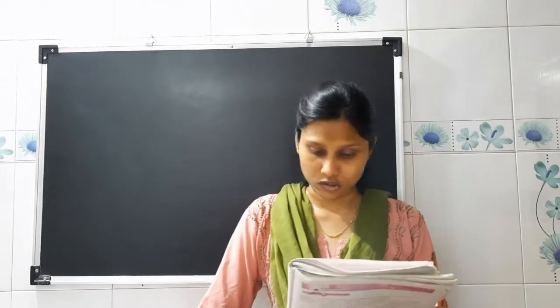So, in this question they have given that an equal number of laddus have been placed in 3 different boxes. The laddus from the first box were distributed equally among 20 children, the laddus from the second box were equally distributed among 24 children, and the laddus from the third box among 12 children.